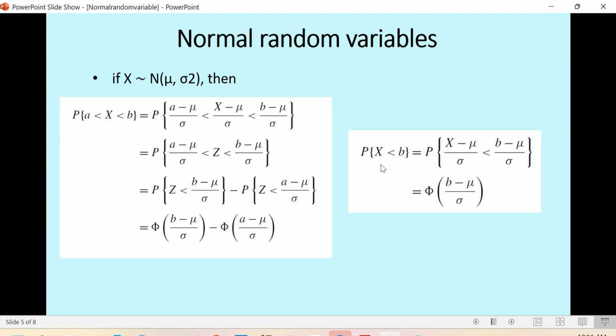And we have said that if we want to calculate the cumulative probability of x less than b in the original normal density curve, it is the same as the standard normal distribution's cumulative probability of this value after transformation.